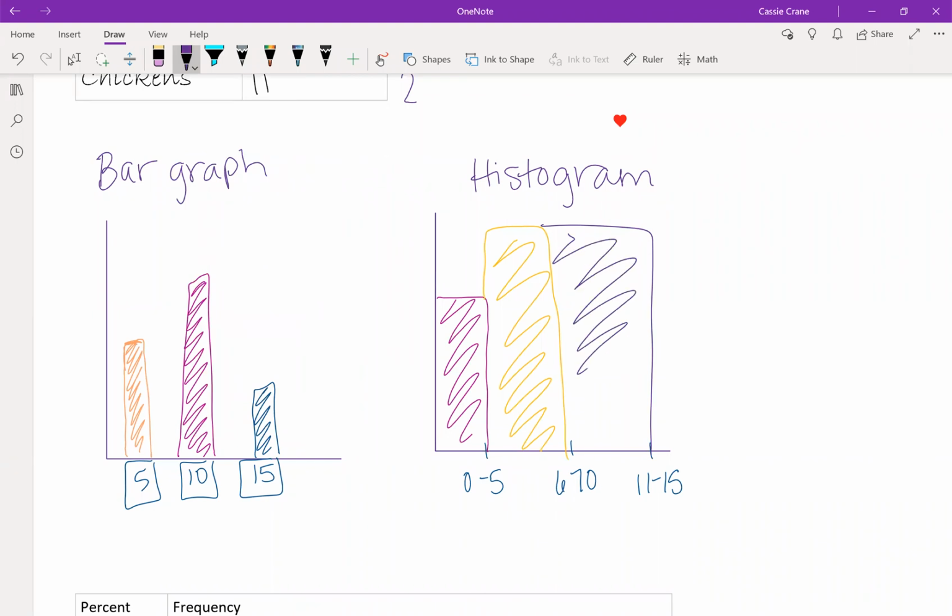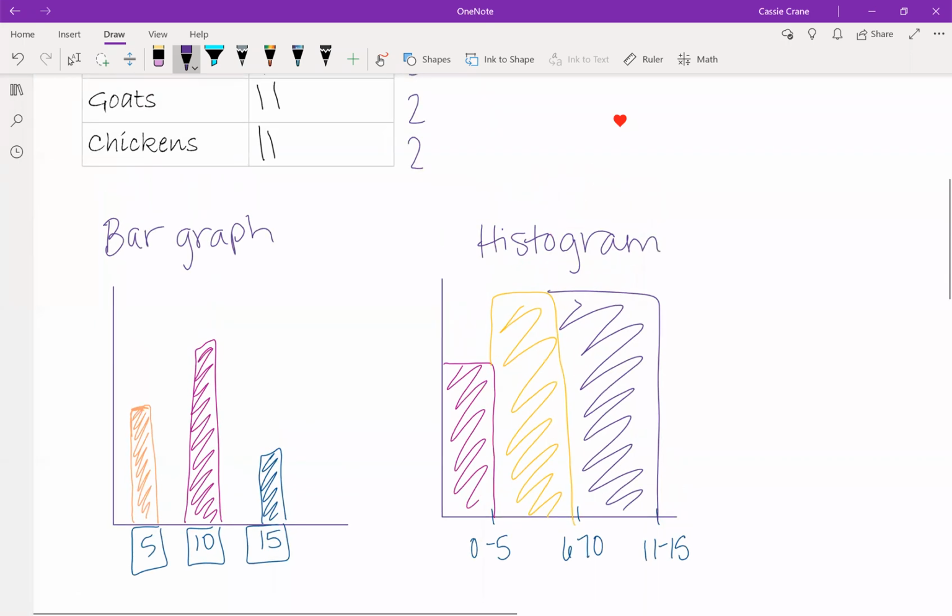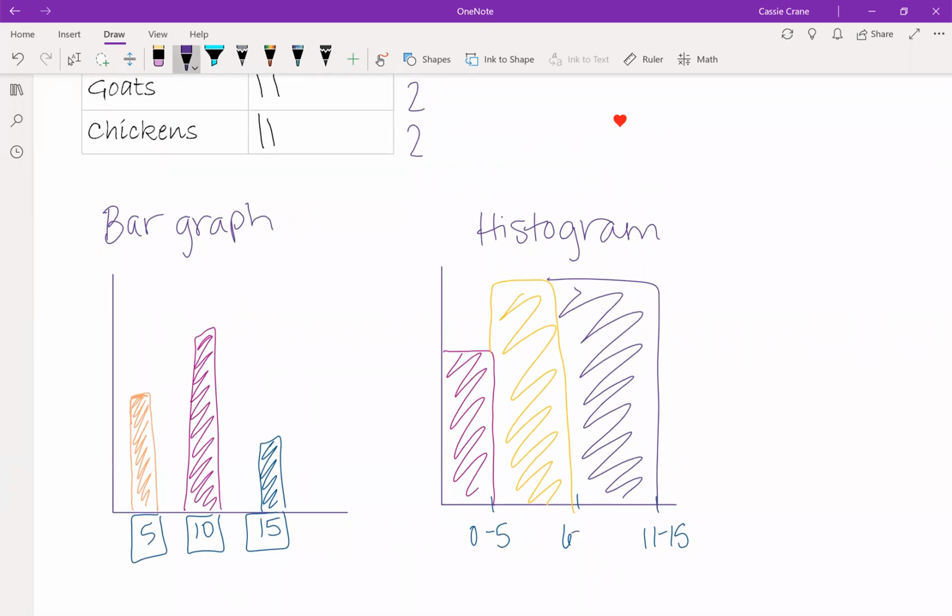So see how there's no gaps between the bars this time? Since they're intervals, they have to line up next to each other so that there's no gap, because there's no gap in the values, right? It goes from 5 straight on to 6. That looks like it says 610, but it's 6 through 10. Okay, so that's the main differences between a bar graph and a histogram.